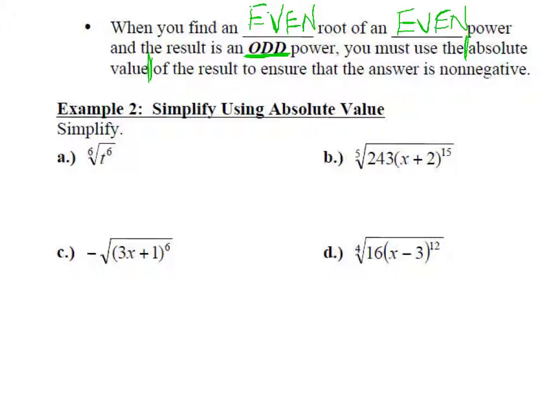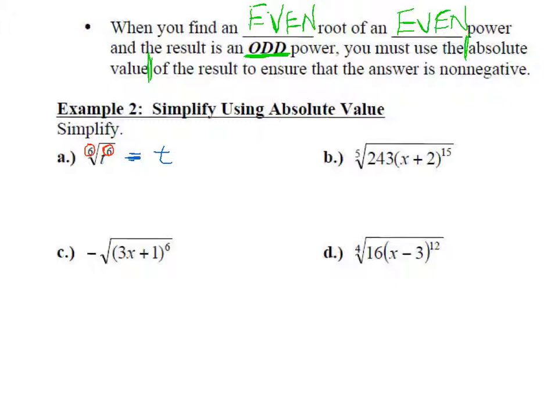Okay, so if we look at example 2 here for A, notice we have an even root and we also have an even power. So we're going to take an even root of an even power. If our answer is odd, then we'll have to use absolute values. So if you take 6 divided by 6, the inside power divided by the outside, that gives you t.